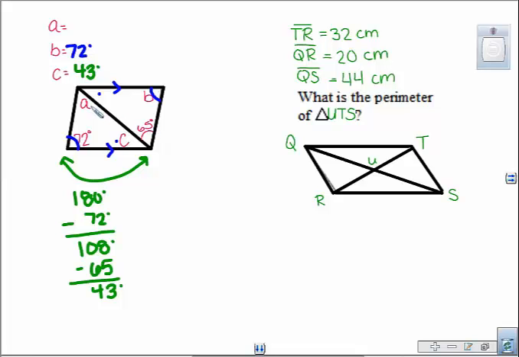Anytime that you can draw a Z, and I'll show you what I mean when I say Z, in a parallelogram, notice this is a Z, those angles are going to be the same. And it works for a backward Z or an upside down Z. It really doesn't matter.